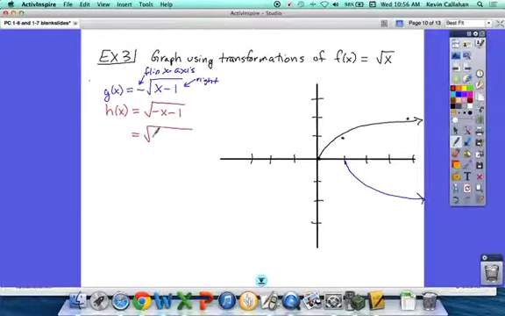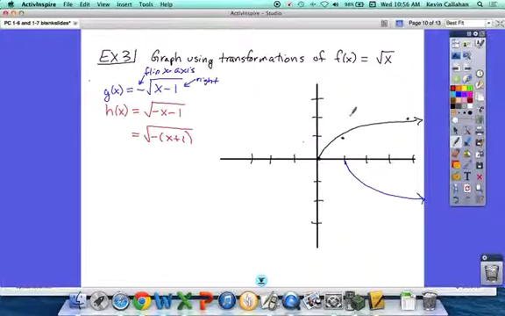It's going to be like this, right? This is like saying negative x plus 1. So we're taking the function which would have been the square root of x plus 1 and then flipping it across the y-axis. Well, what would it have been if it was the square root of x plus 1? That would have been shifted which way? It would have gone this way, right? It would have been here.